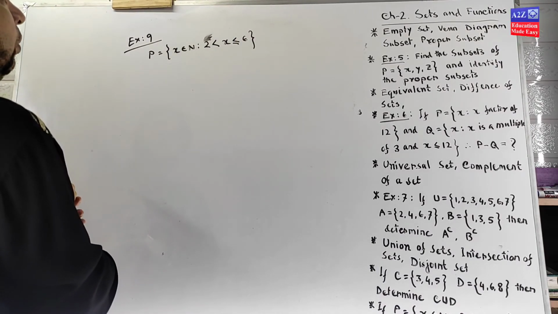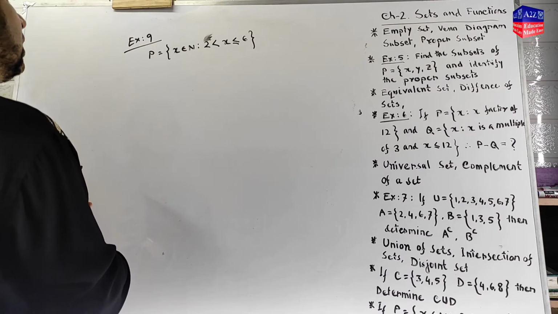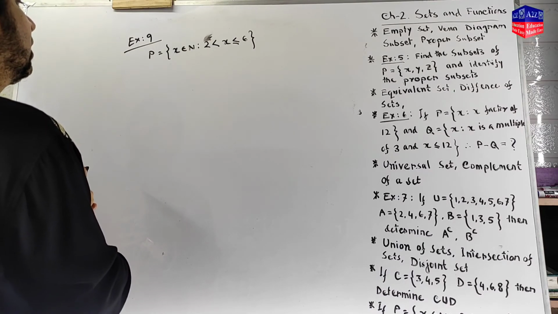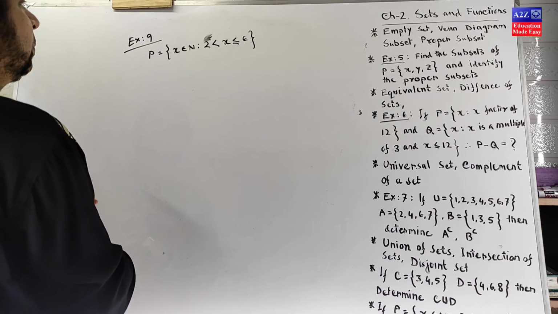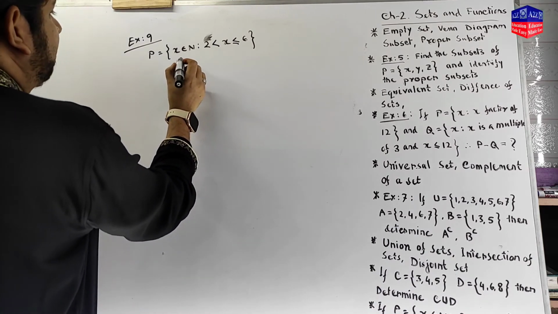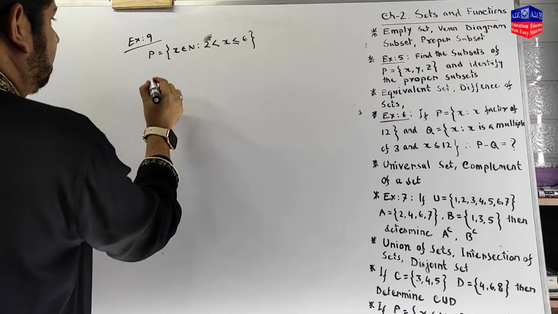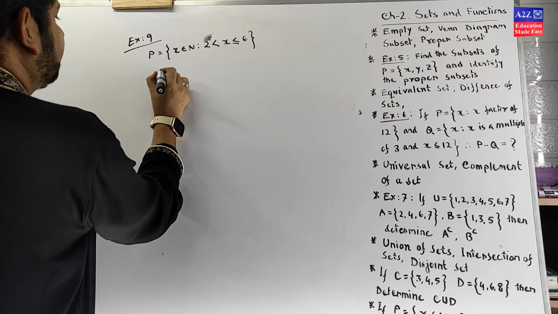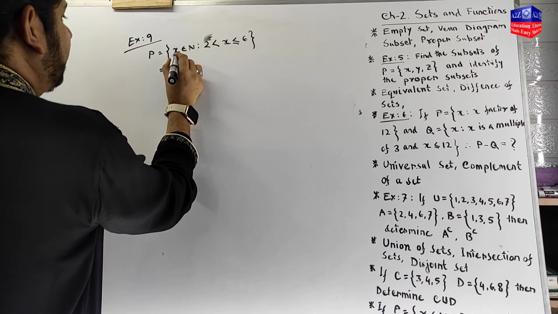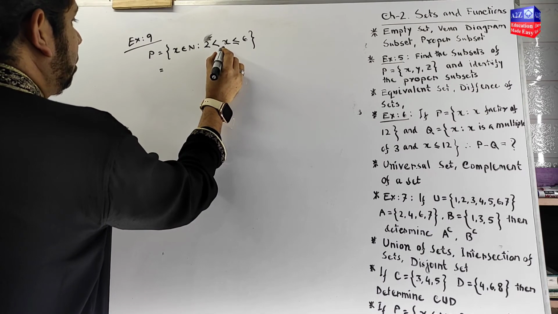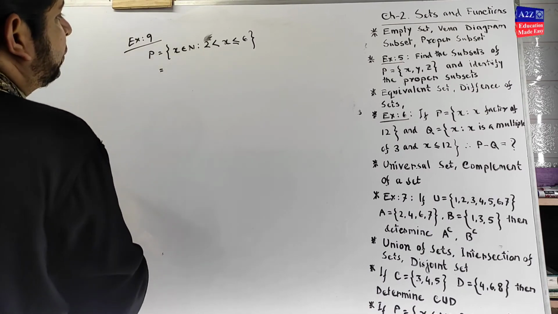Now I would like to find out the elements of this set by breaking down these properties into details. Since x belongs to all natural numbers, but there is a limit.